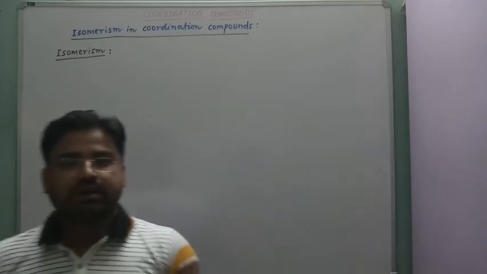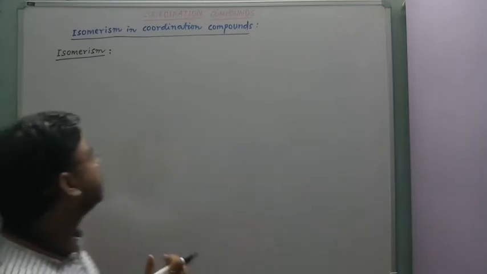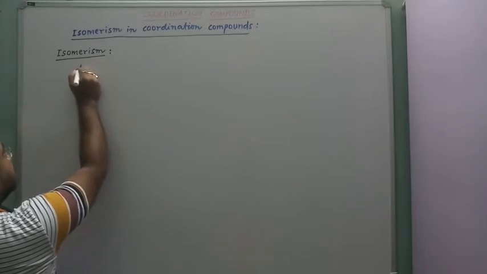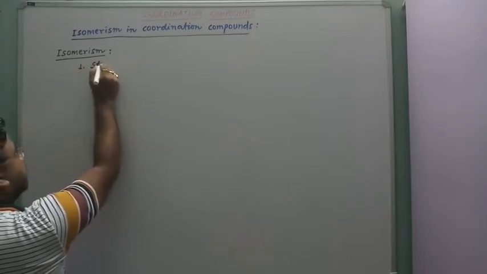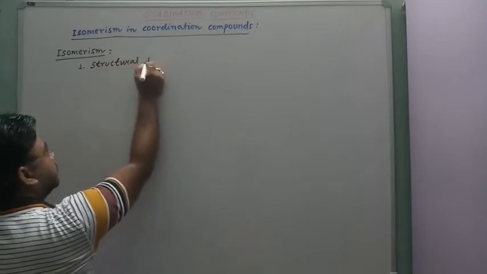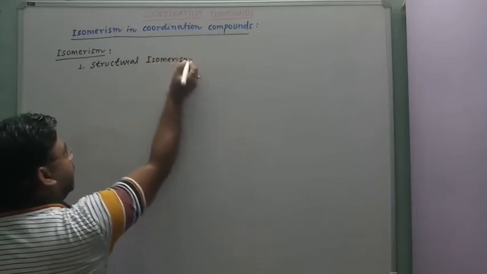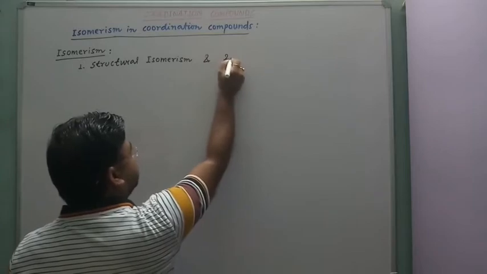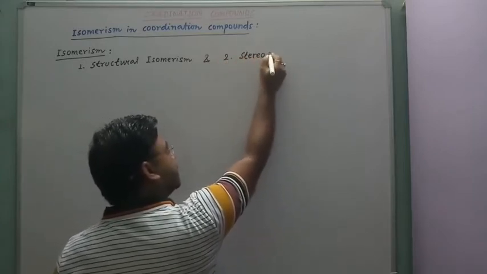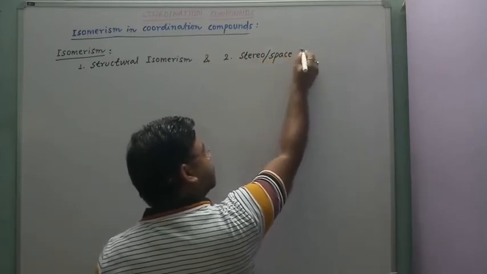One is structural isomerism, another is stereoisomerism. Stereoisomerism is also called space isomerism.